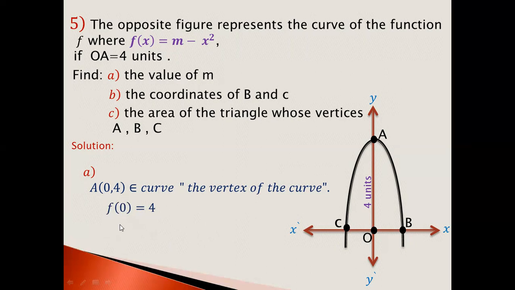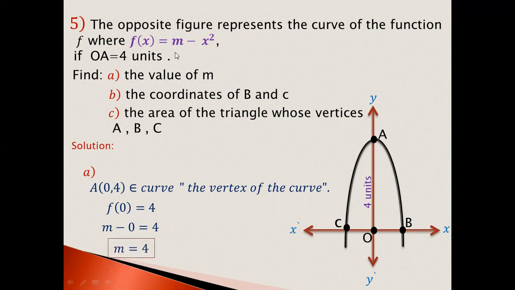So if we replace the letter x in the function rule by the number 0, the result is going to be 4. It's going to be m minus 0 equals 4. That means m equals 4.